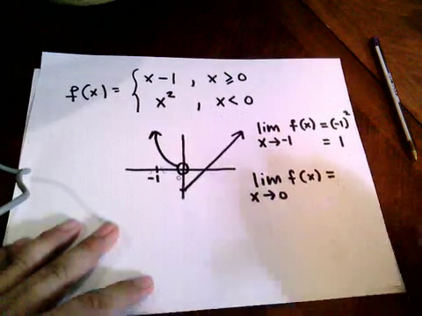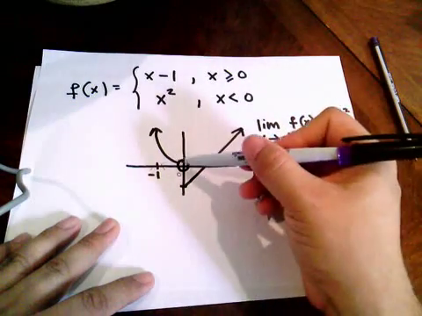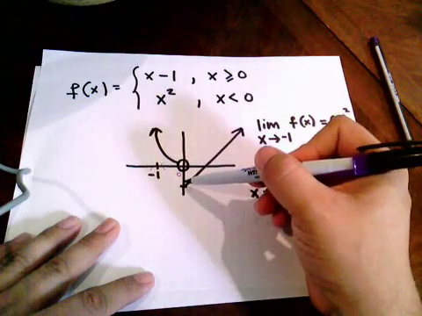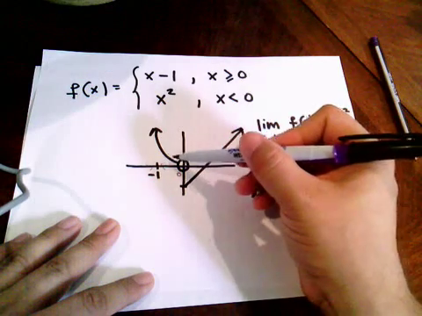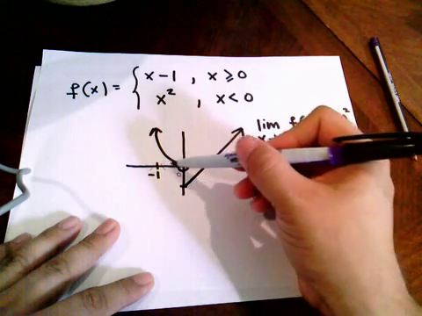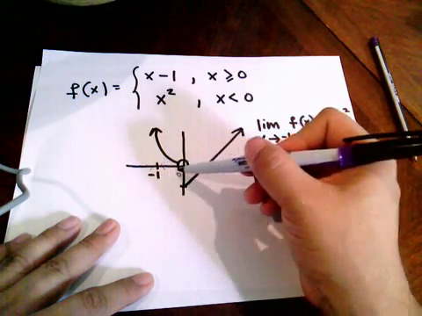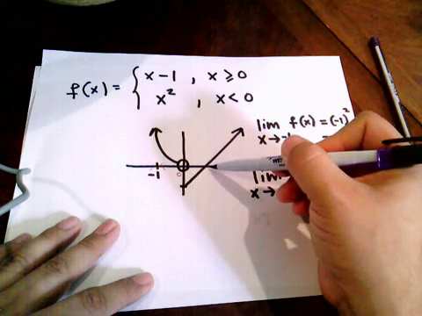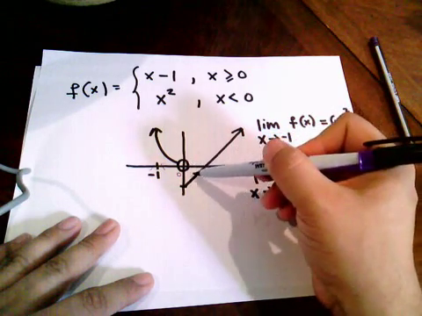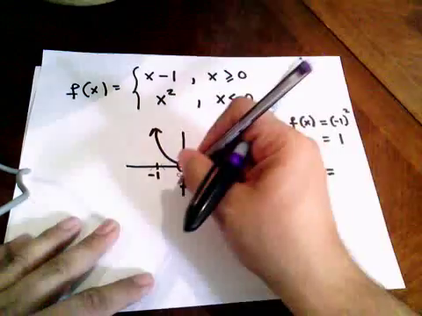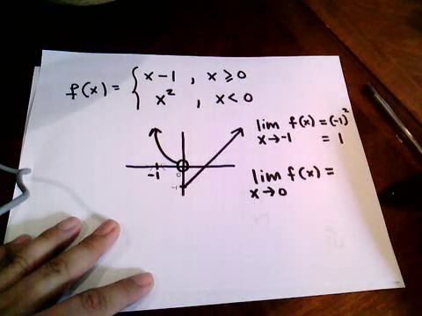And we clearly see that there are two possibilities. From the left-hand side, as we're approaching the graph of f of x, it seems to get closer to 0. And from the right-hand side, the value of f of x seems to get close to -1.